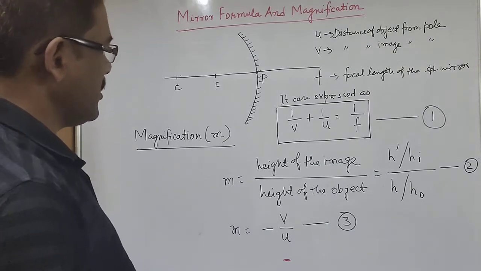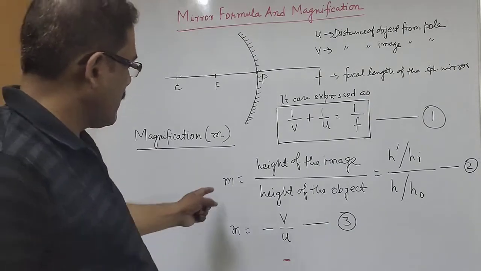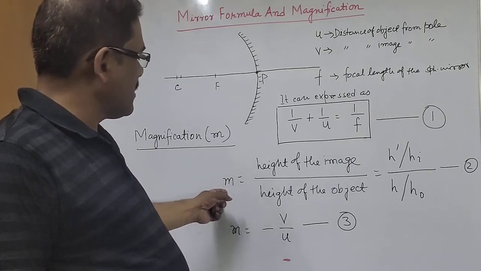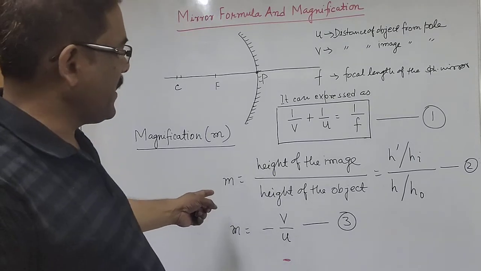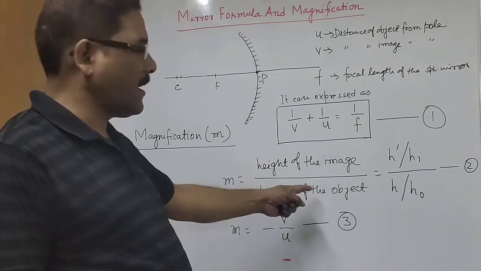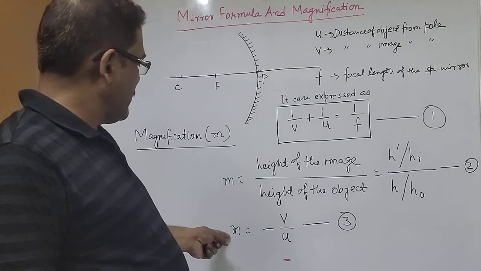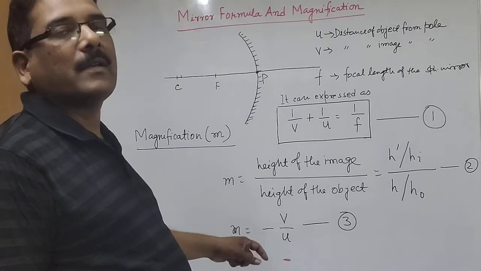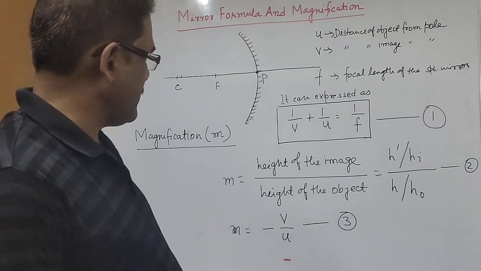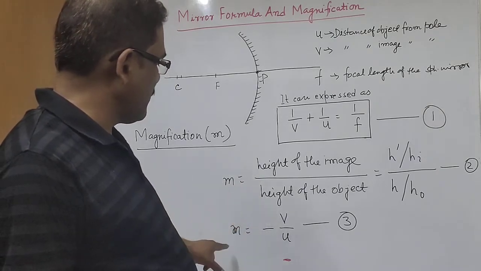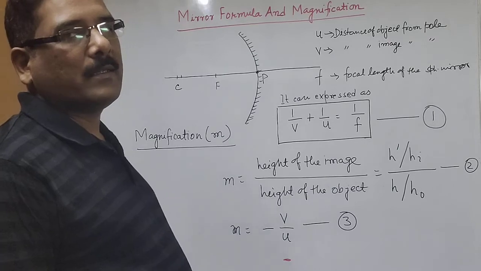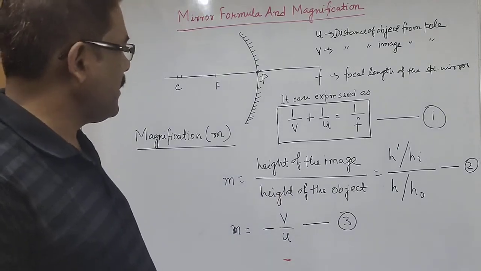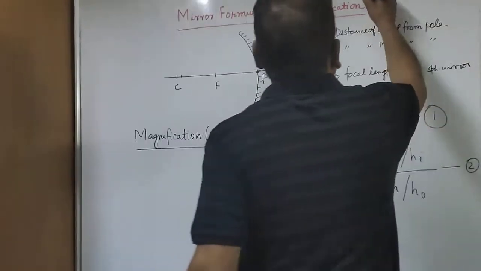Now equation 2 is a formula for magnification in terms of height of image and height of object, and equation 3 is the formula for magnification in terms of image distance and object distance. So both are expressions for magnification, and we can equate equation 2 and 3.